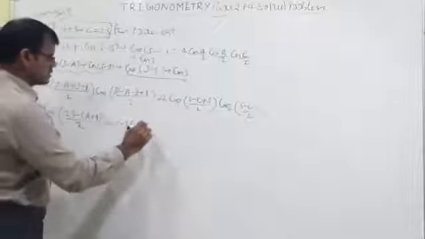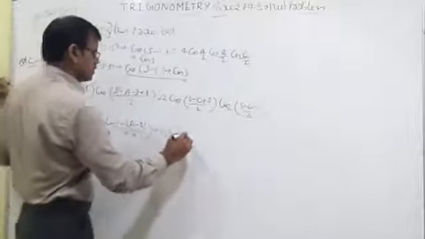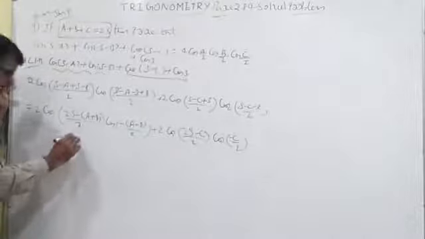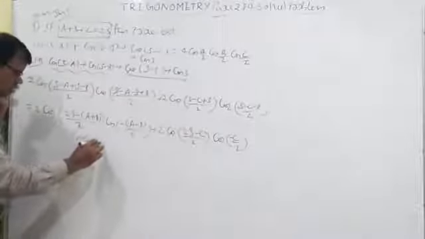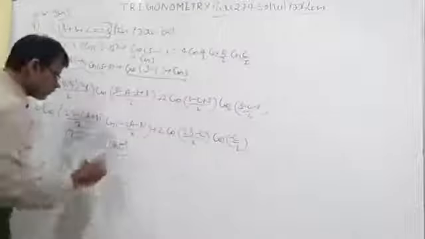Plus 2 cos of (2S minus C) by 2 into cos of, S gets cancelled, this is minus C by 2 within the brackets. Here I am making you remember that cos of minus theta is cos theta.